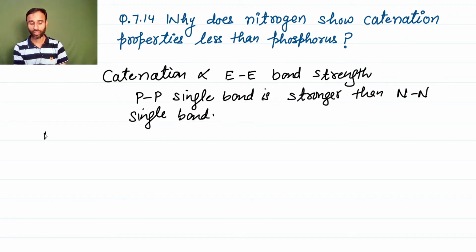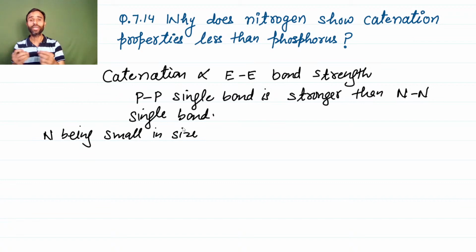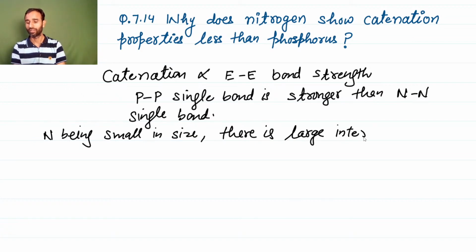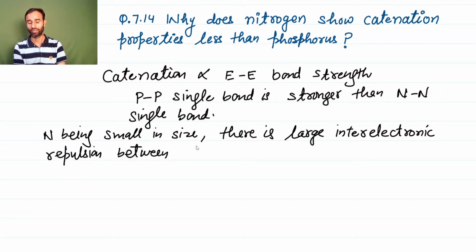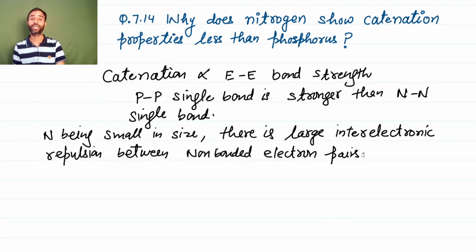Because nitrogen being small in size, there is large inter-electronic repulsion between the non-bonded electron pairs, and that's why the P-P single bond is stronger than the N-N single bond.